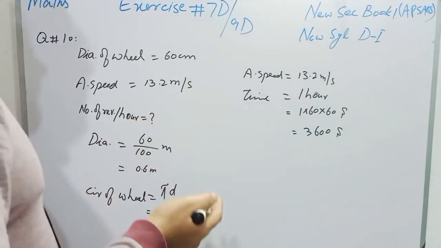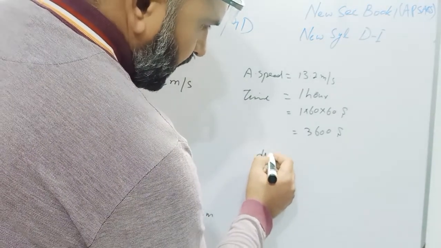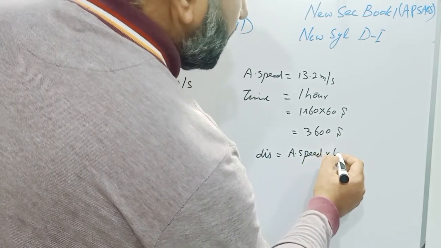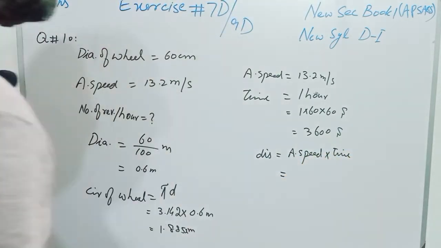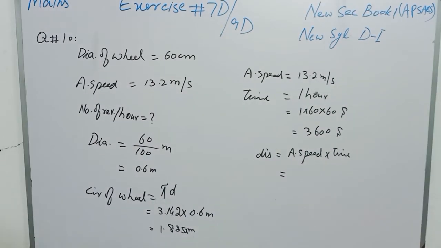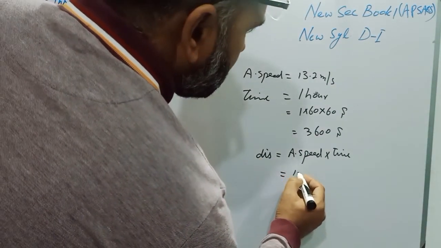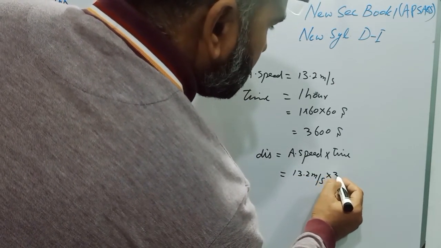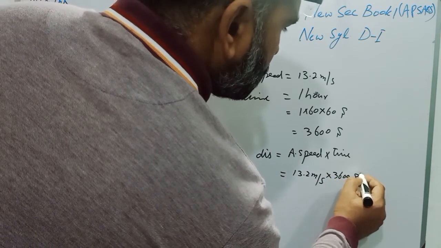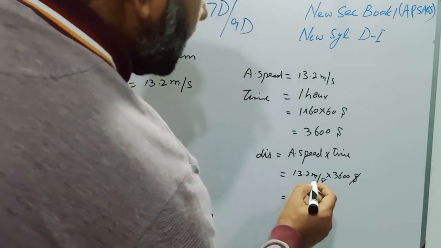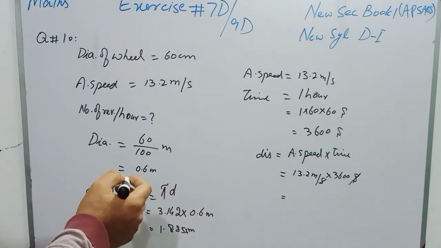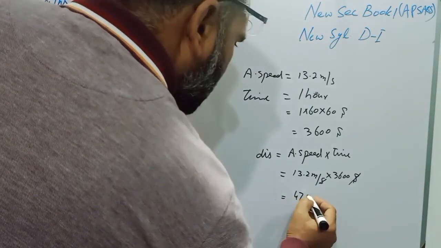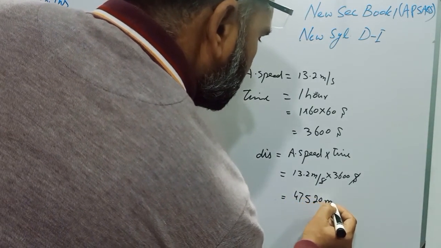And we have to find the distance, and distance is equal to average speed multiplied by time. Average speed is 13.2 meter per second, whereas time is 3600 seconds. So seconds will cancel with seconds, and when we multiply 3600 with 13.2, we will get 47,520 meter as the total distance.